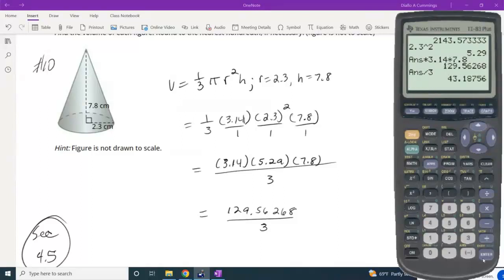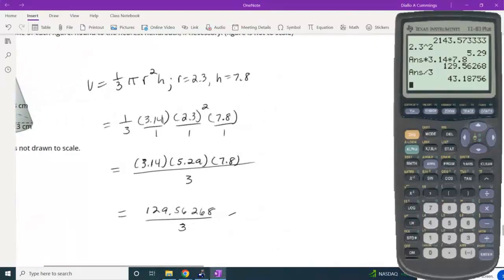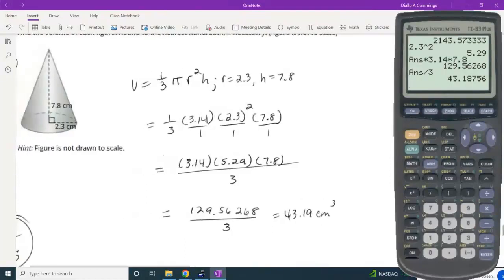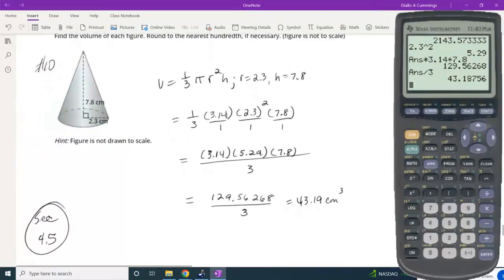And once we divide by 3, we have 43.19 cubic centimeters. Okay, so for section 4.4, just basically plugging and chugging with the formulas.